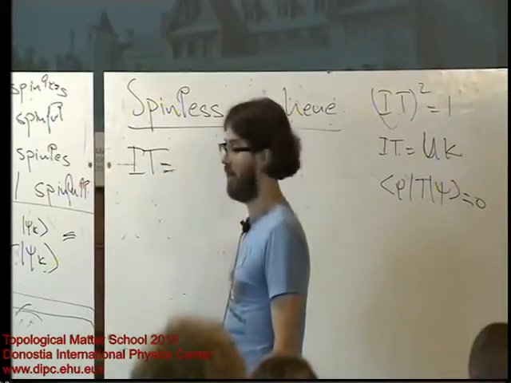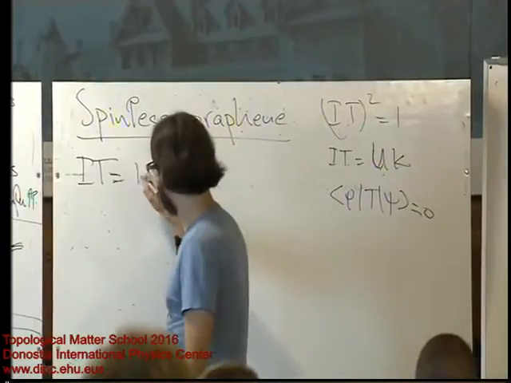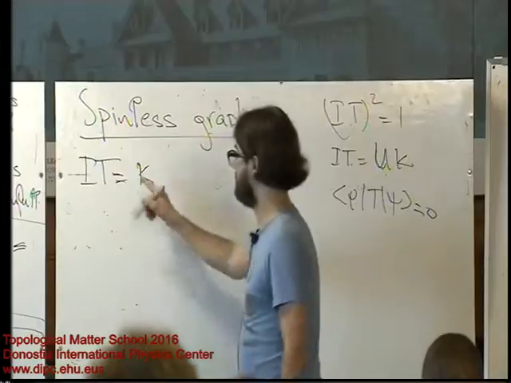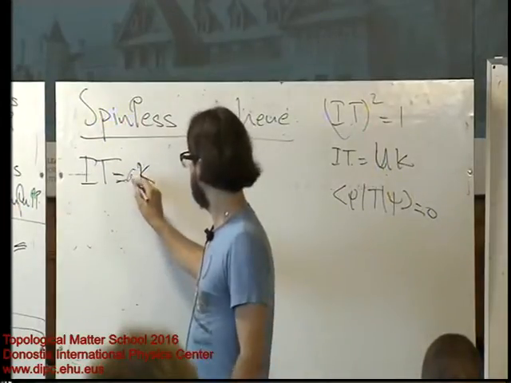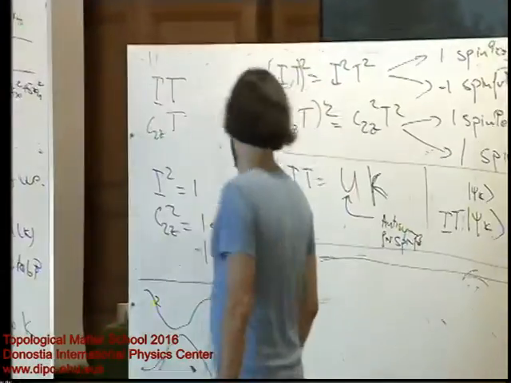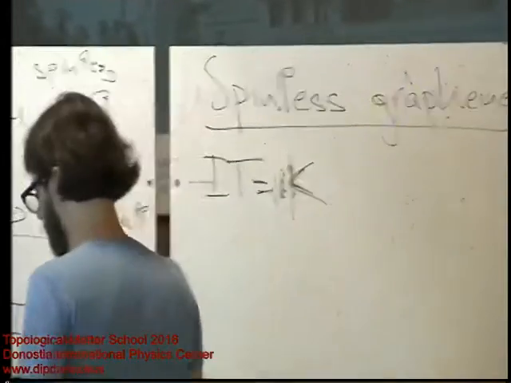So I'm going to choose this U to be identity. Not a particularly good choice, actually, in graphene. I can't do this. In graphene, this is sigma x times identity. But I'm going to choose it to be just complex conjugation, just because I want to.